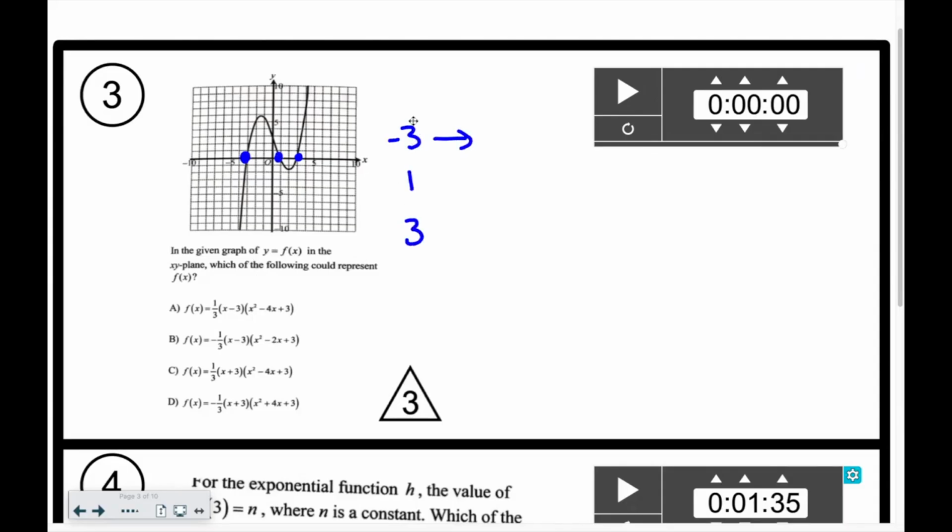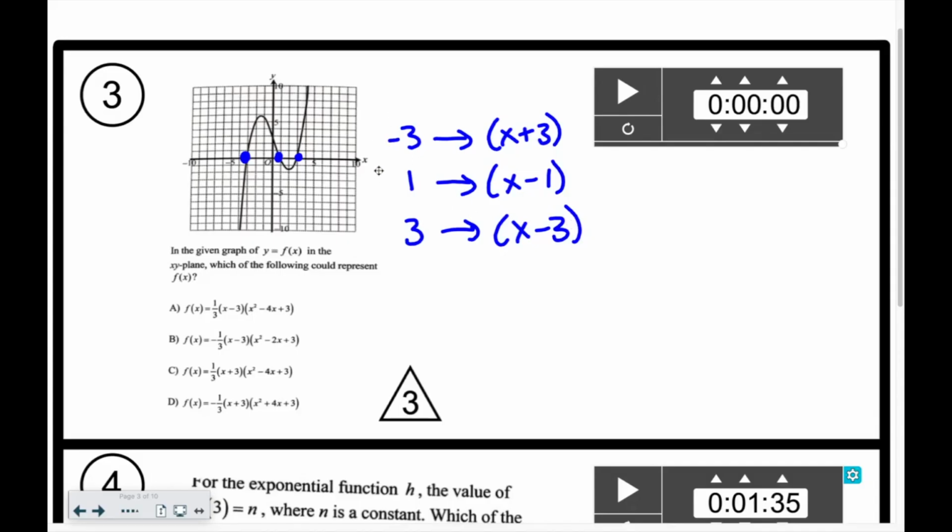We should know that -3 would come from the factor x plus 3, 1 would come from the factor x minus 1, and 3 would come from the factor x minus 3. So it's really important to immediately understand that relationship between x-intercepts or zeros and factors. That's because when we set factors equal to 0, the value of x is what gives us the x-intercept or the 0.